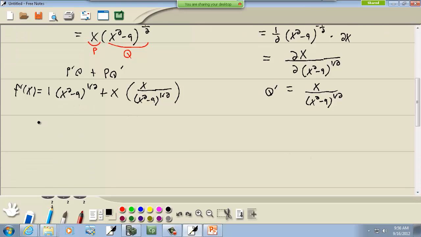Well, I want to get a common denominator, so I'll put this over 1. So we got x squared minus 9 to the 1/2 over 1, plus x times x, which is x squared, over x squared minus 9 to the 1/2.